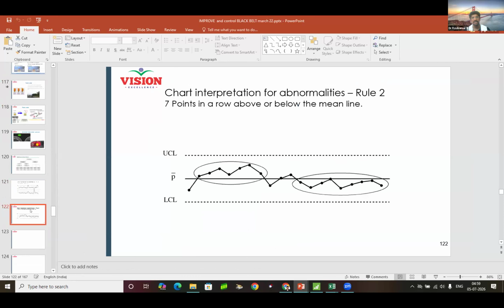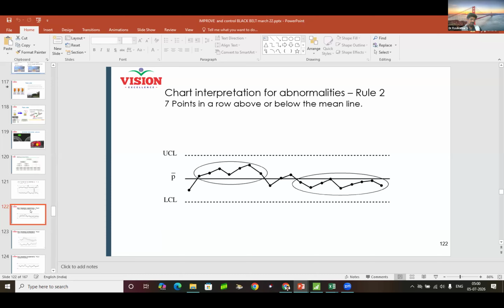Here there's a variation. When the points are either too close or very near to the center line, there is a possibility of abnormality. The reason is the operator might have entered fabricated data or predicted data without collecting the data properly.